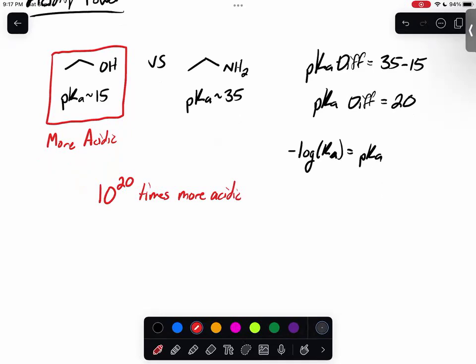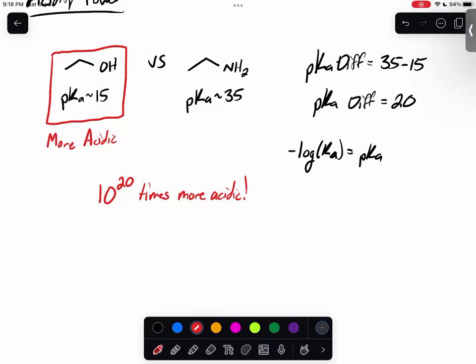And that is an unfathomable number in terms of strength, right? And again, you don't need to know all of the math behind this. You just need to know that this is a good way of thinking about acidity. So even a single pKa unit is 10 times different from the other.